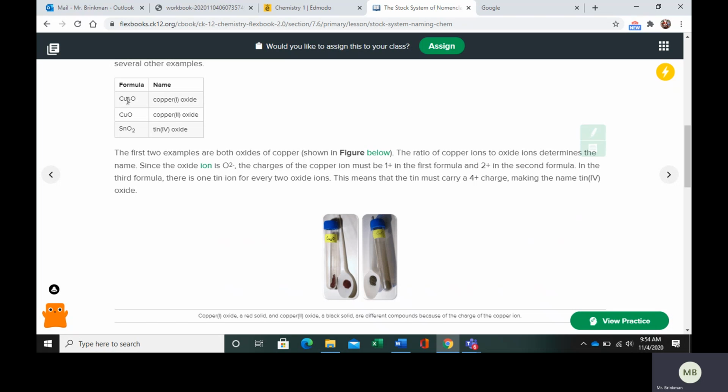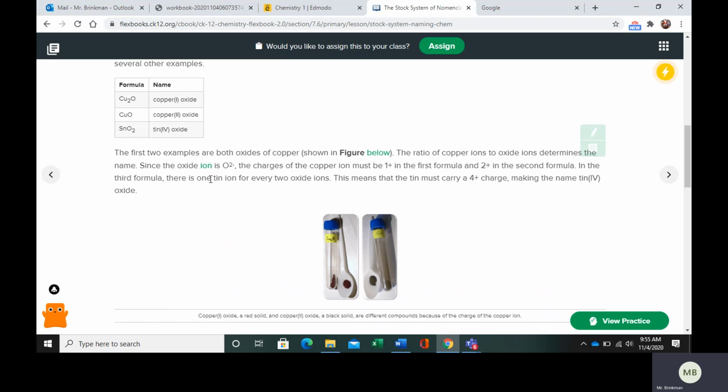And if we have 2, then this must be +1 so that we can get +2 to balance out the -2 of the oxygen. In the second formula, we only have 1 copper to the 1 oxide ion. So since there's 1 copper, it has to be a +2 charge to balance out the -2 of the oxygen.